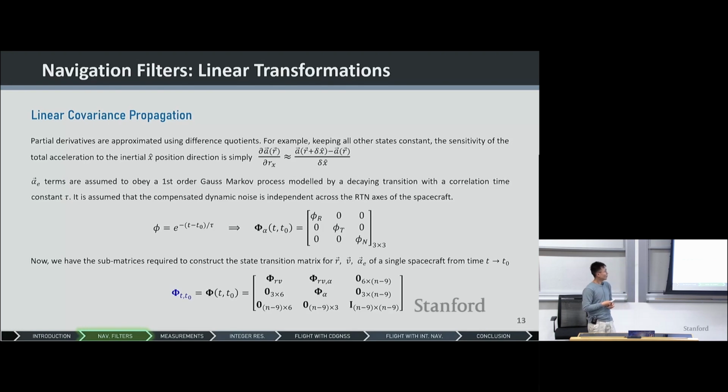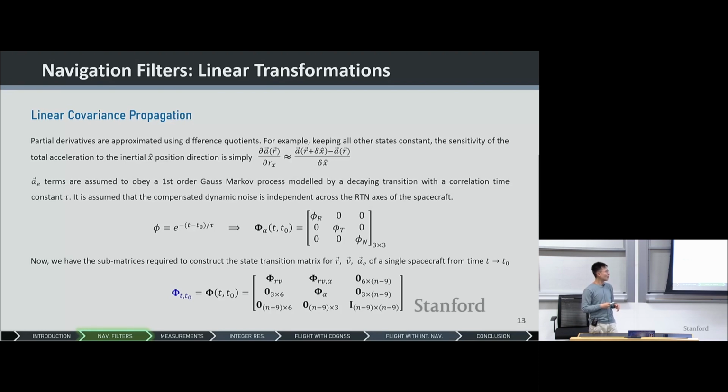And so part of what we do in the state vector is we append on top of your positions and velocities a set of states called the empirical accelerations, and we assume that they follow a first-order Gauss-Markov model. That just means that its current state is correlated in time with the previous state, and so there's some kind of decay model associated with it as well.